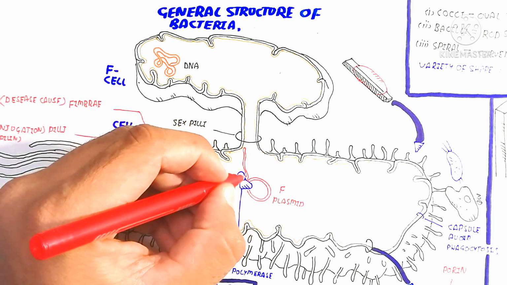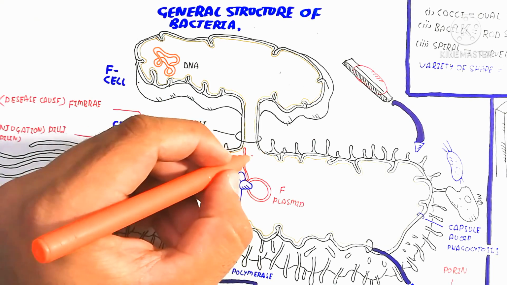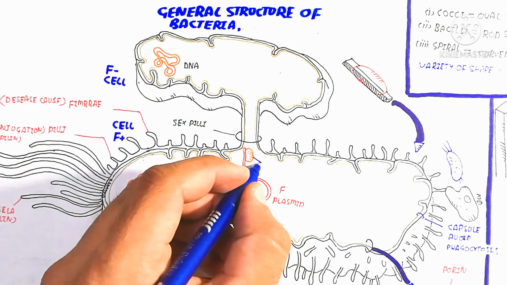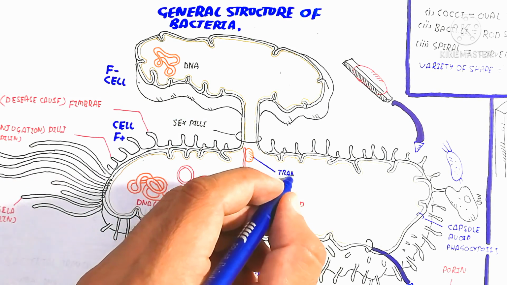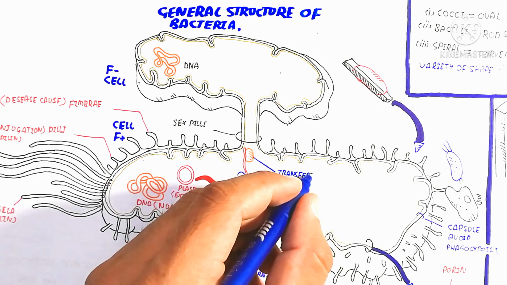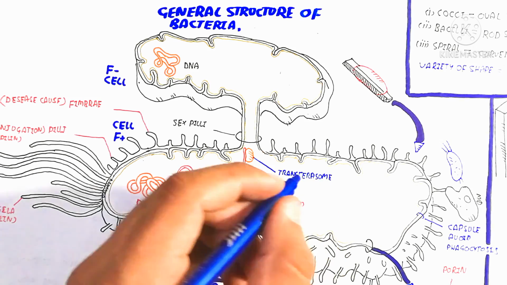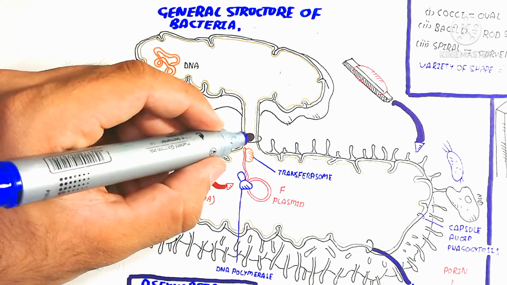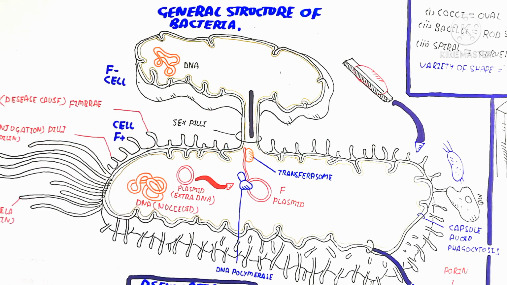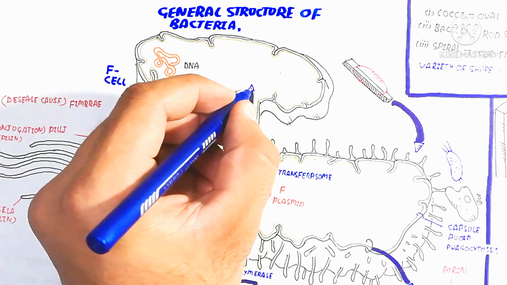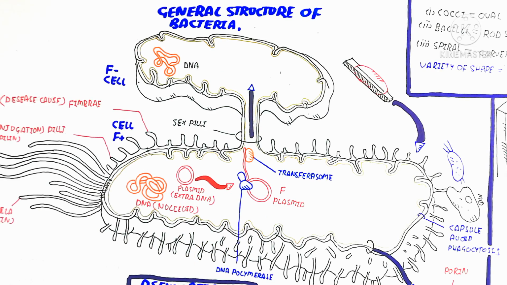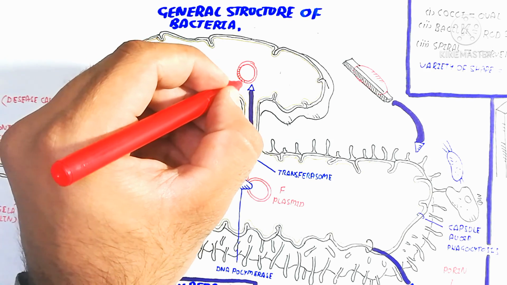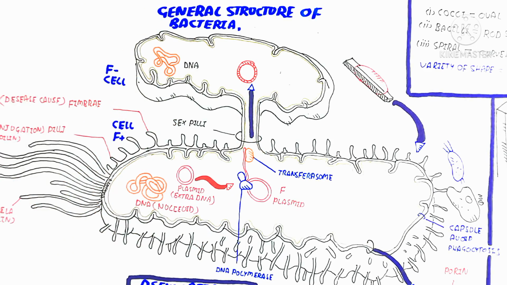The transferosome binds with the replicated DNA, which is a complementary DNA template, and it goes into the plasmid and inserts into it, either into the plasmid of the F negative cell, or the F negative cell lacks a plasmid, so the plasmid develops in the F negative cell. This plasmid looks the same as the F positive.